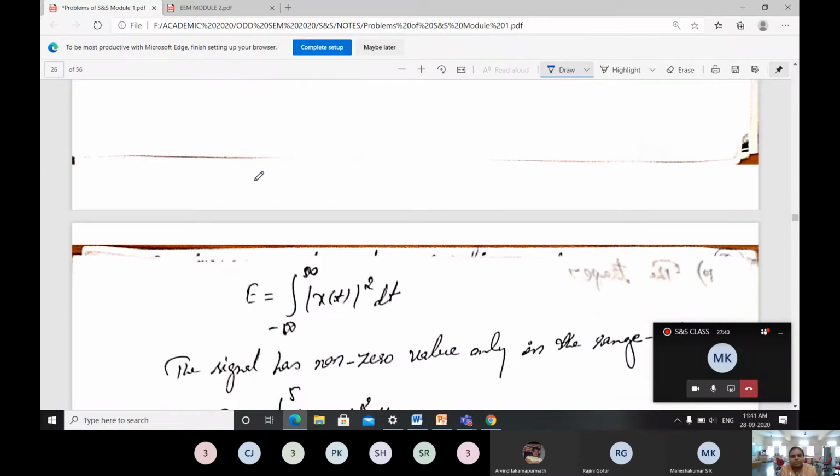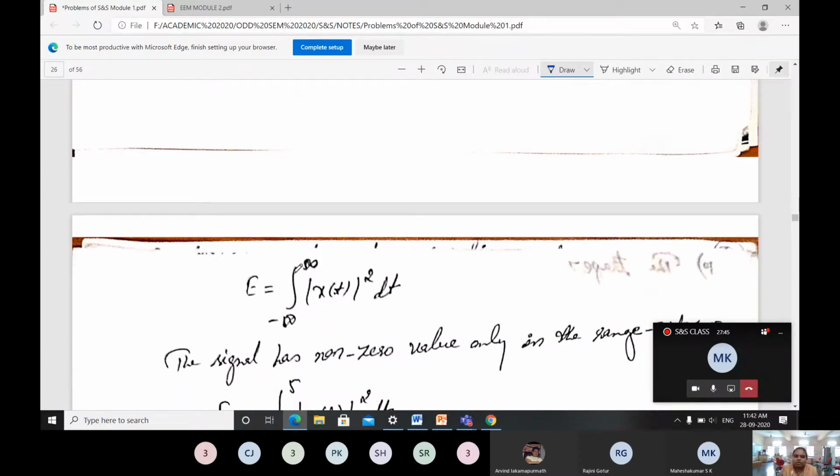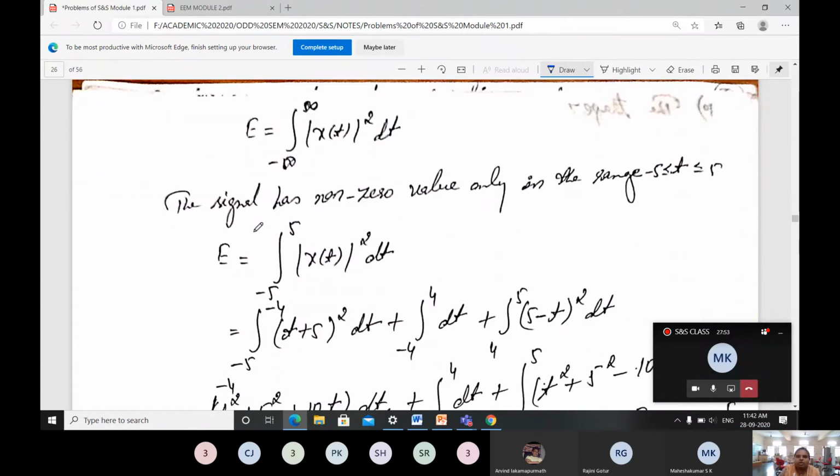What is our energy equation? It is E equals integration from minus infinity to plus infinity of x of t whole square into dt. Then what you have to do? Just substitute the range from minus 5 to plus 5, where our signal exists, that limit you have to take. So minus 5 to plus 5 x of t whole square.